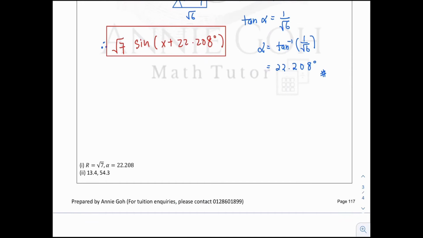So for part 2 here, what we need to do is just take the expression from part 1 and equate it to 2. Just copy back the expression, but remember to change the x to 2 theta and equate the whole thing to 2.